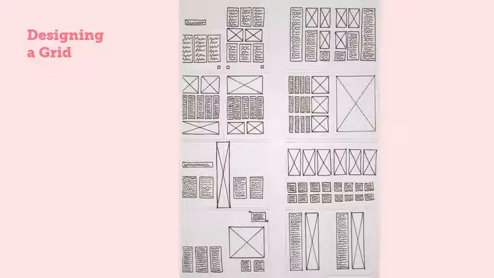The squiggly lines represent text, and the rectangles with X's in them denote images. So any photograph, illustration, or visual is denoted by an X'd out box, and the squiggles are denoted by text blocks.